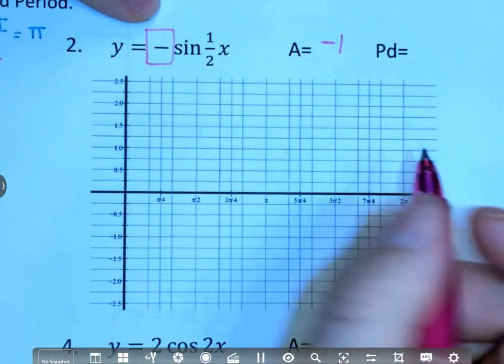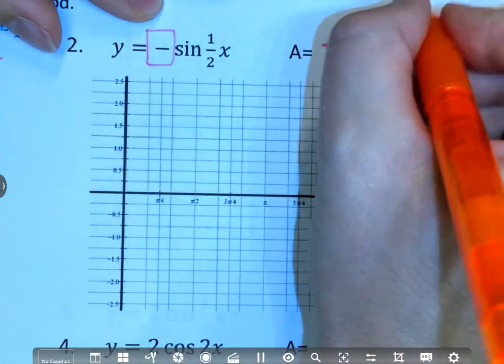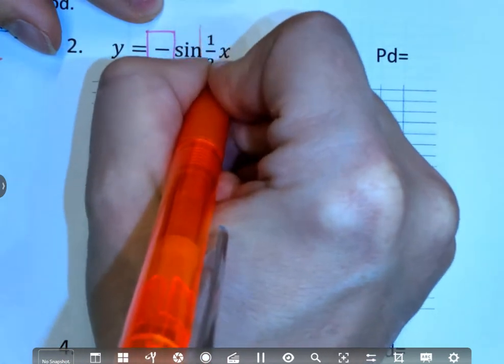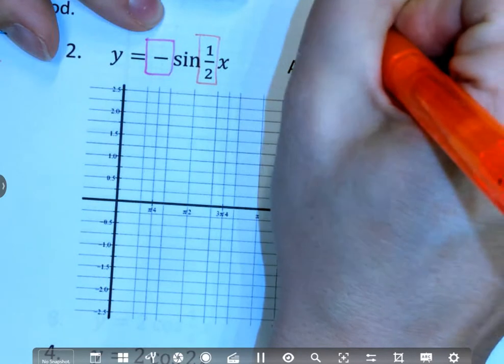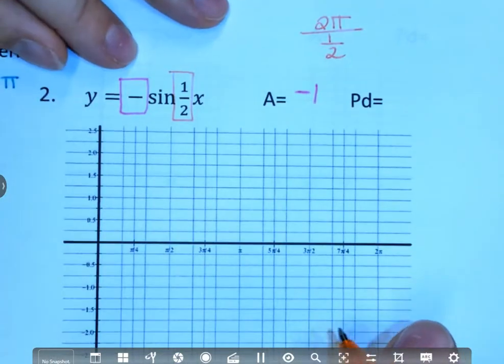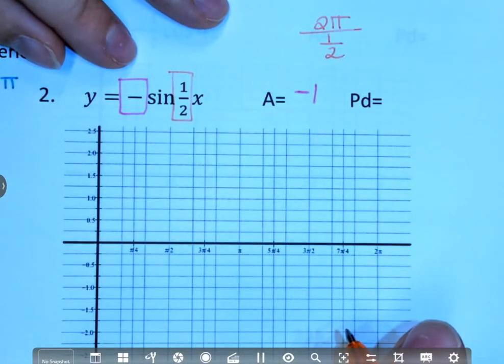All right, for my period, I always take 2 pi and I divide it by this number here. So 2 pi divided by 1/2, that is just frankly nasty. So instead of doing it that way, what do we do? Multiply by the reciprocal.